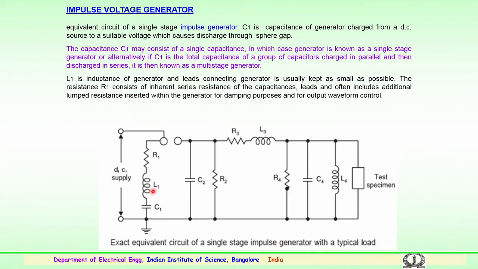L1 is the inductance of the generator and the connecting leads, so these leads should be as short as possible. R1 consists of the inherent series resistance of the capacitances and leads, and often includes additional lumped resistance inserted within the generator, particularly for damping purposes. So, the generator includes damping resistors and also elements for output waveform control.